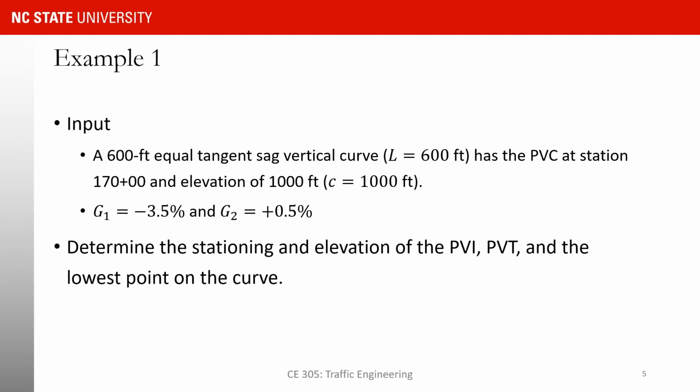G1 is equal to negative 3.5%. G2 is equal to 0.5%. Determine the stationing and elevation of the PVI, PVT, and the lowest point on the curve. So what I would like to ask everyone here is to pause the video and try to solve this problem on your own and then continue with the video.